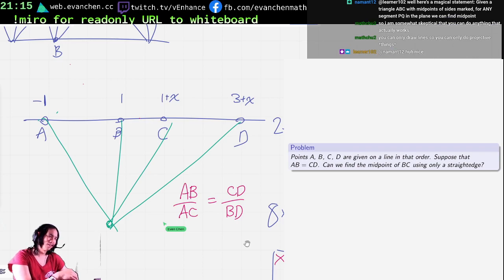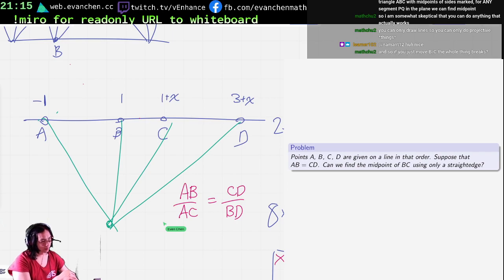You can only do projective things. But if the condition was projective, then there's a sense in which that condition is, I guess this is only one condition. Okay. Actually, no. You might be right. You might be right. Yeah.